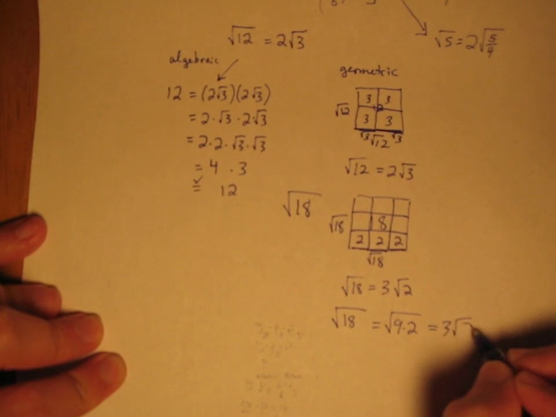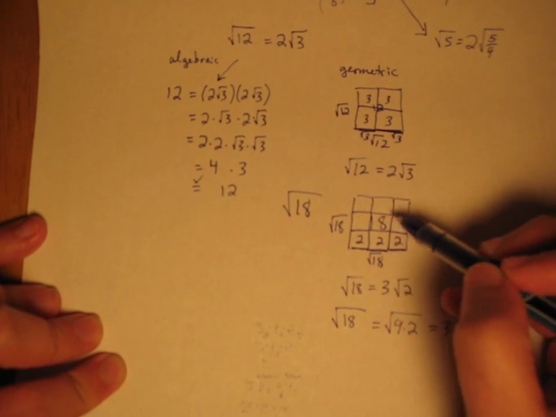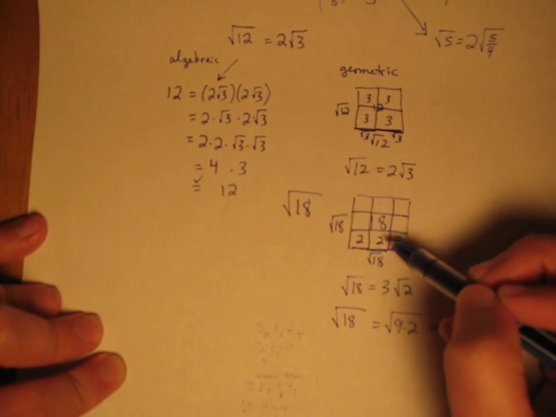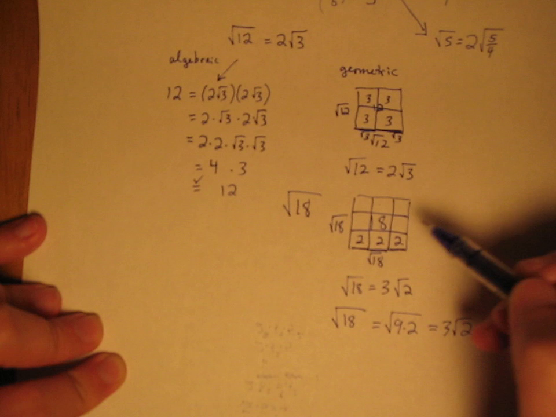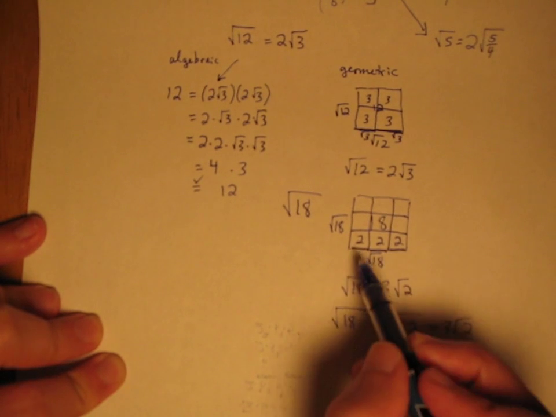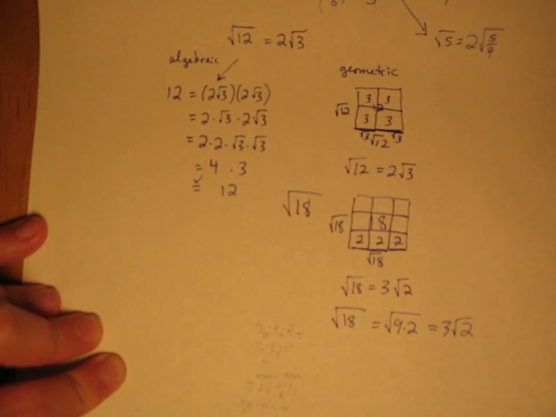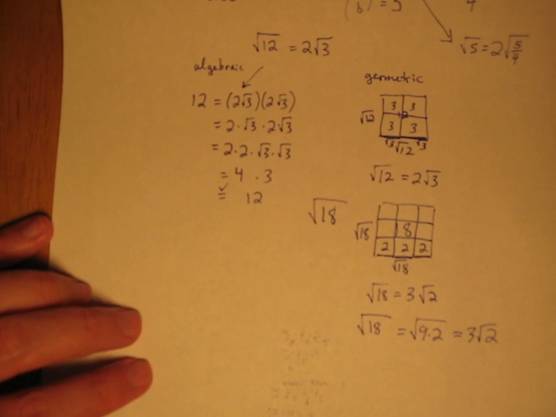So 3 root 2. That's just encapsulating what we talked about with the picture. We've got the 18. The 18 is really 9 2's. Those 9 2's of area become 3 2's of distance, or 3 root 2's of distance, and there's our 3 root 2.